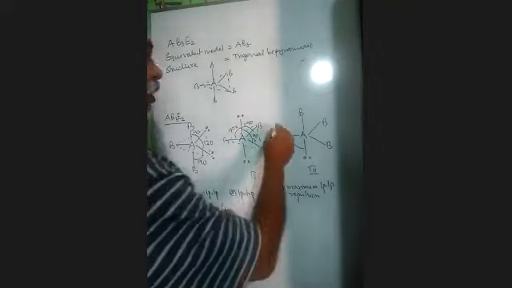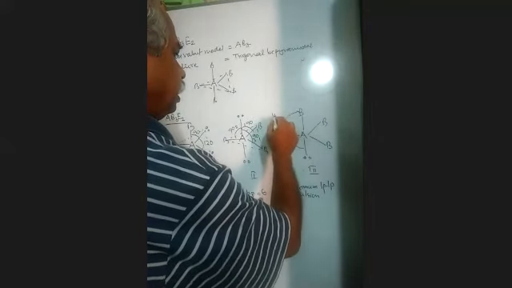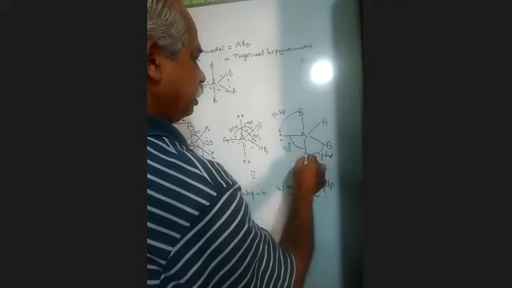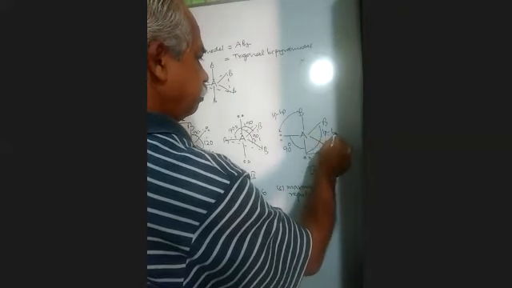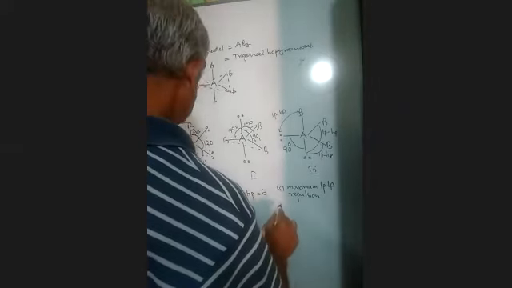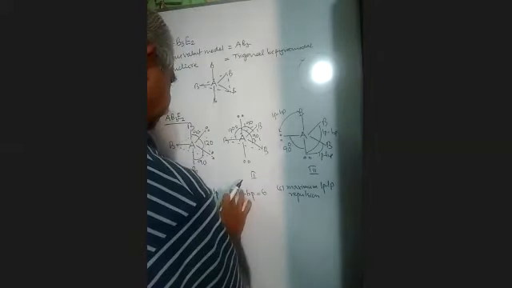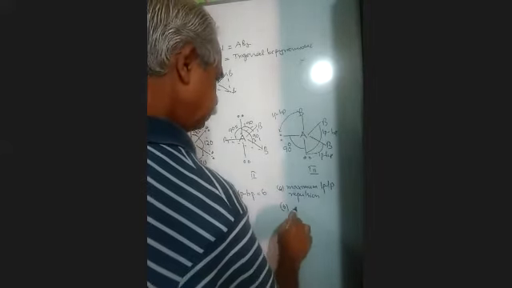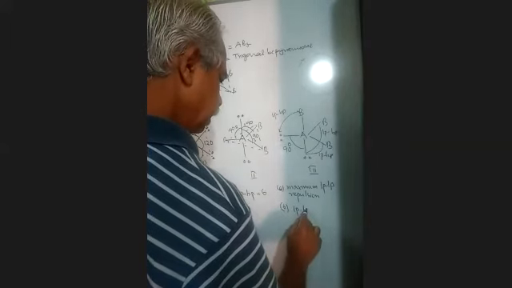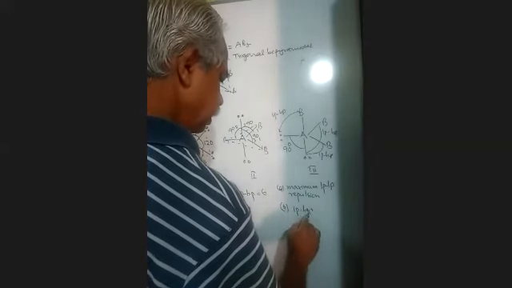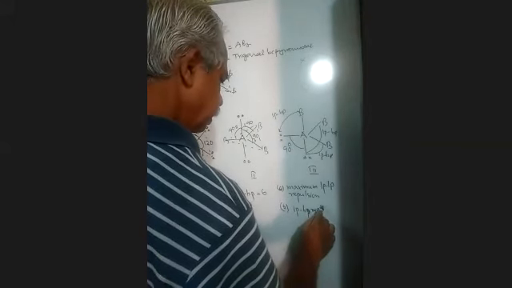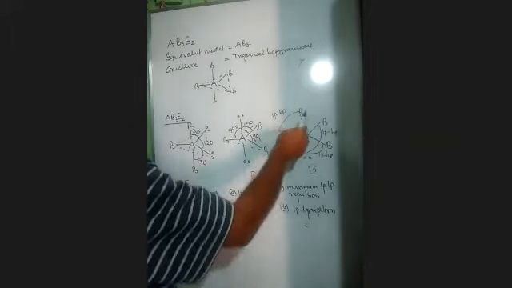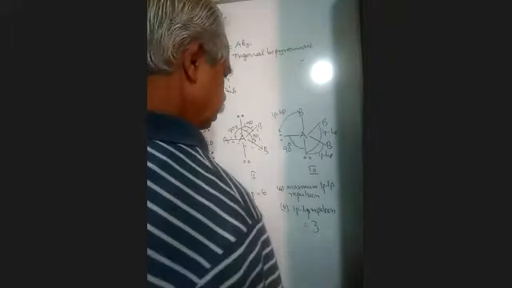How many will you have here? 1, 2, 3. So this one I can rule out immediately.